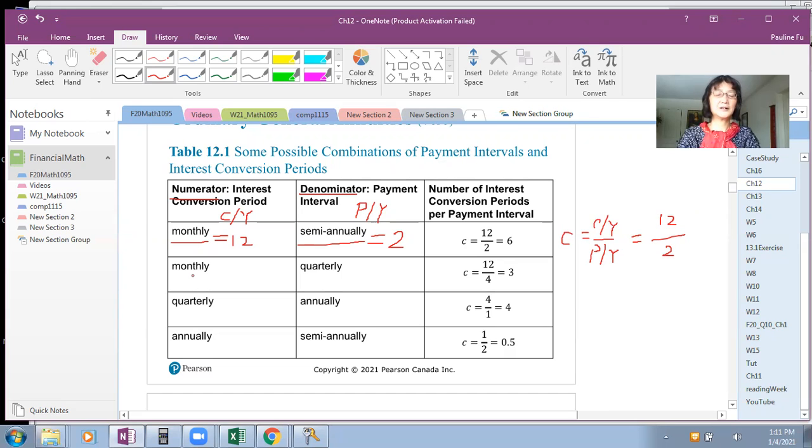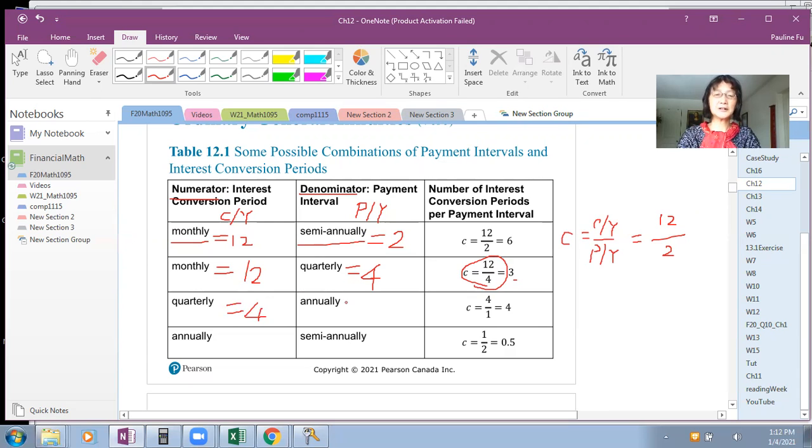Next example: interest is compounded monthly, so CY equals 12. You make payment quarterly, so in 1 year you make 4 payments. C equals CY over PY, 12 over 4, so C equals 3. In this example, interest is compounded quarterly, so CY equals 4.